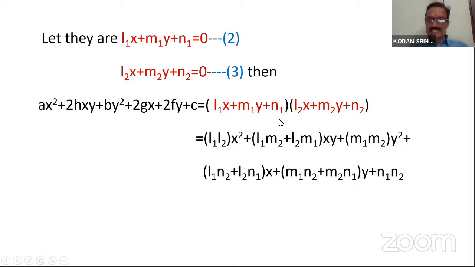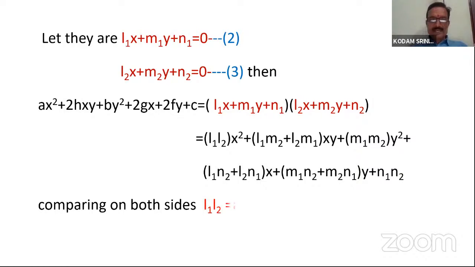Next the x term will be L1N2 x plus L2N1 x. Similarly the y term is (M1N2 plus M2N1) y plus N1N2.